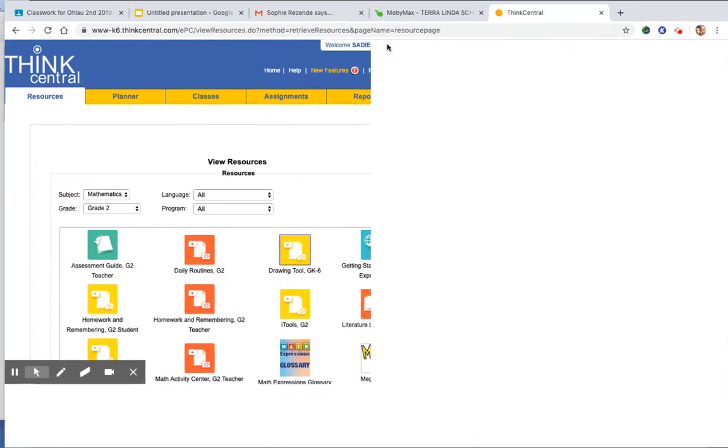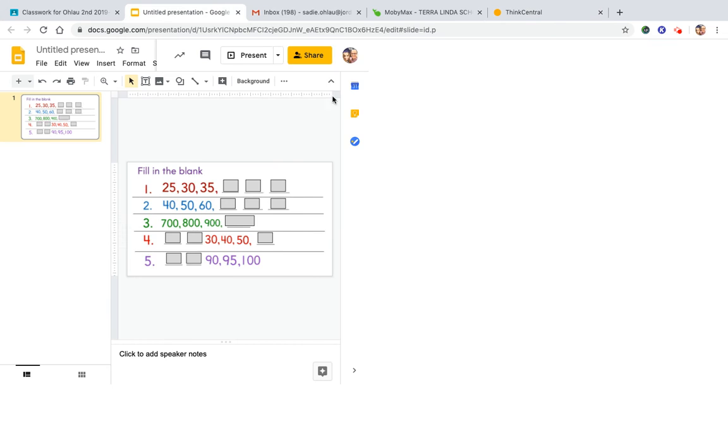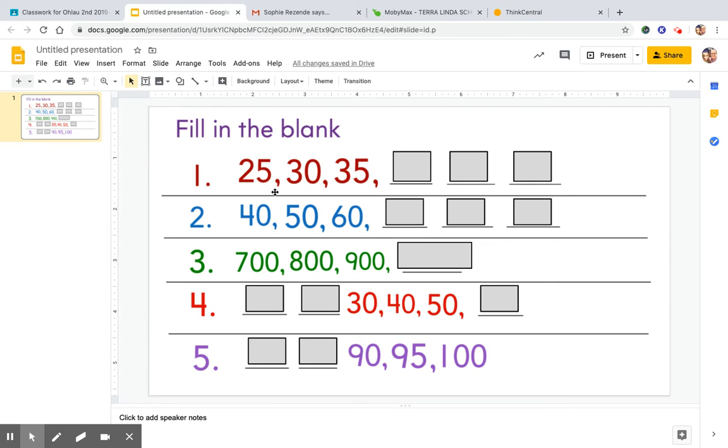So here we go. Now on number 1, I see 25, 30, 35. Let's decide if we're skip counting by fives, tens, or hundreds. Now 25 plus 5 equals 30, plus another 5 equals 35, so we know we're skip counting by fives. What comes after 35 if we add 5 more?